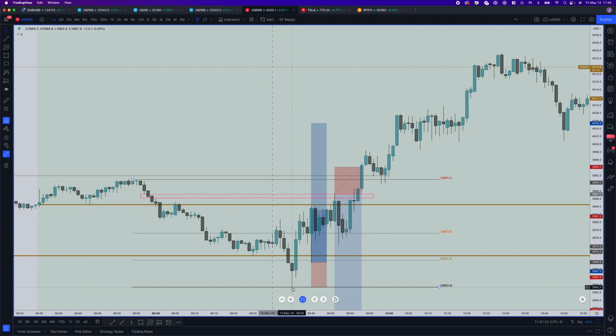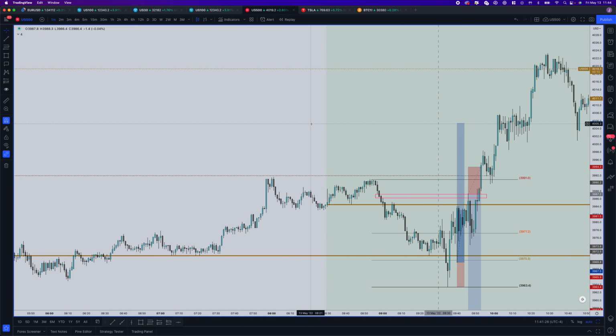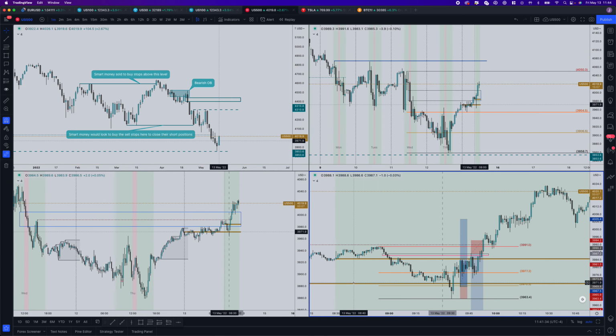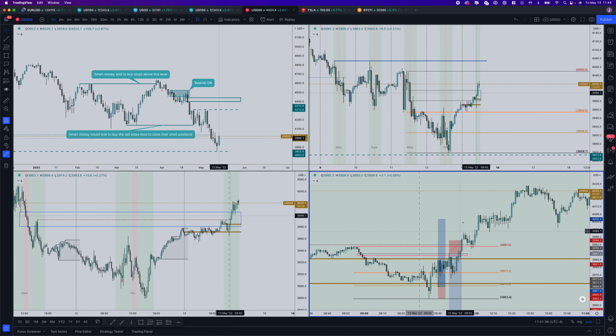The stop could have been below the tail. Obviously I wasn't in this trade, so it was pure hindsight. I had put my entry at that 1 hour fair value gap, and you can see it's right at the top of that fair value gap on the H1.